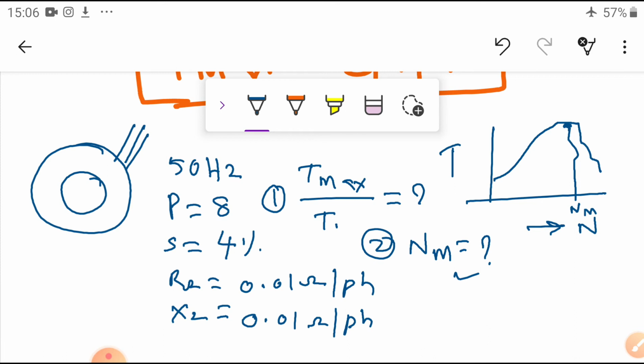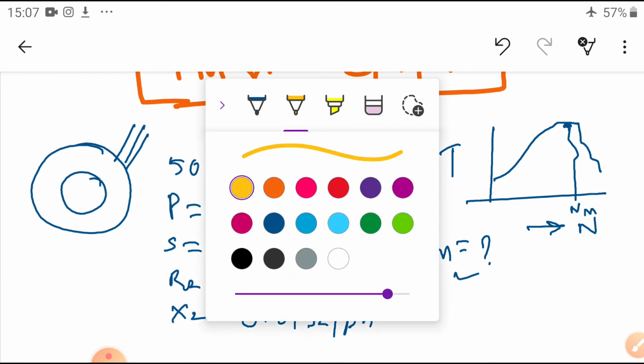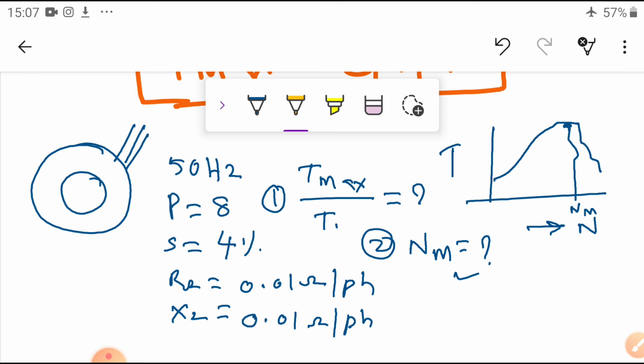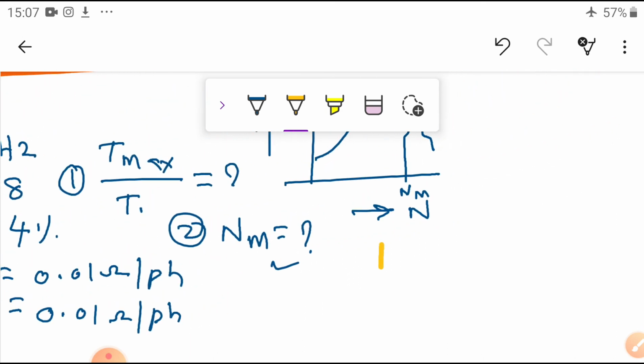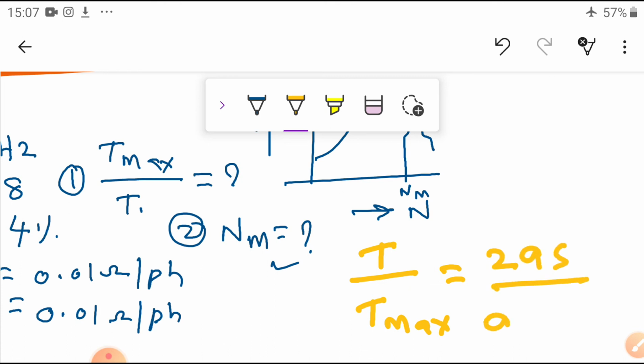We know the relation. Here the relation is T max by T full load. Previously we have seen the formula for T max by T full load: 2aS by a square plus S square. But here it is given in reverse, so we can write 1 by that.